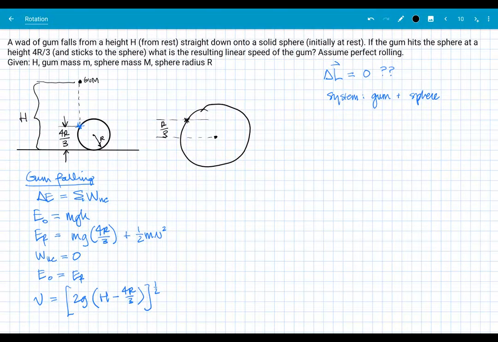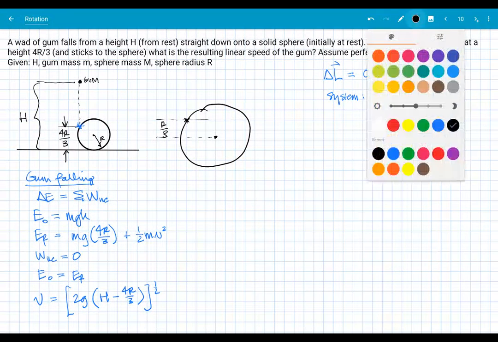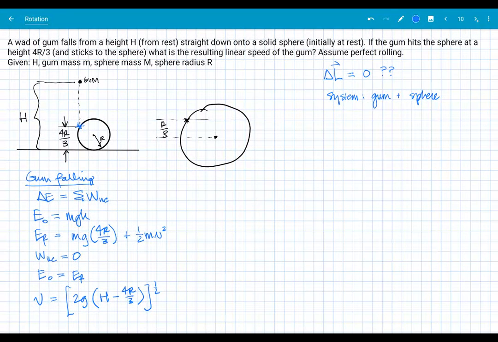Now, I know that the initial momentum of the gum is going to be falling straight down like this, right? That's the initial linear momentum of the gum, falling straight down. And I know that my r value is going to look like that, going from the axis of rotation to that point where the force is being applied, where the impact occurs.